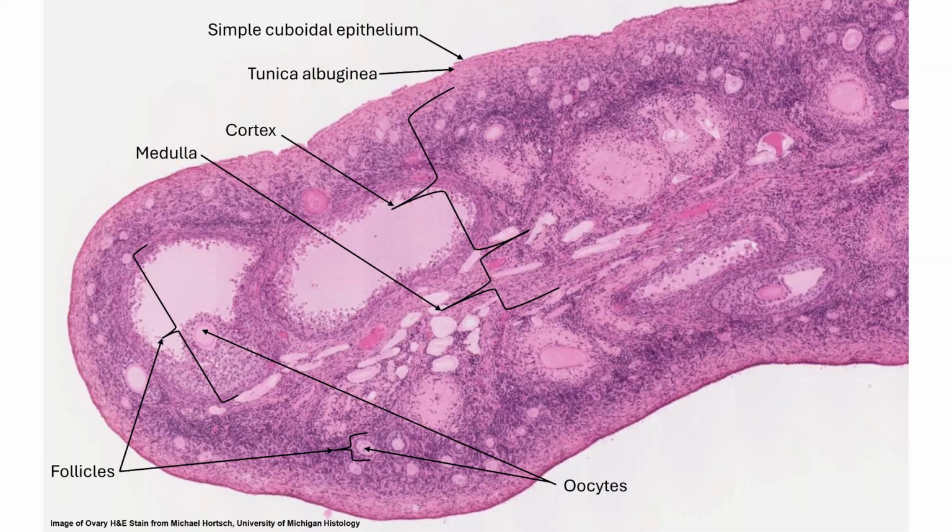Deep underneath the ovarian cortex, the inner region of the ovary is known as the medulla. The ovarian medulla contains large blood vessels, lymphatic vessels, and nerves.